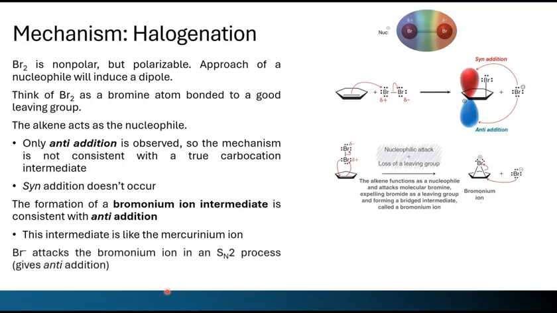Br- attacks the bromonium ion in an SN2 process, giving us that anti-addition. So we see here the attack on this carbon, for example, and this group leaving. To finish up that mechanism, we'll see then we have the anti-addition, or on opposite sides, addition of our halogens, plus an enantiomer if we have chiral centers.